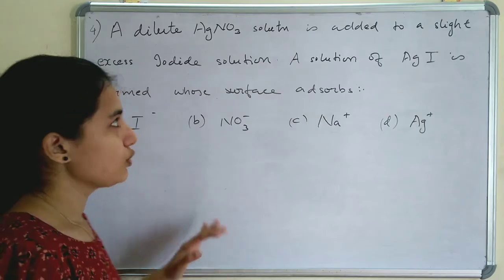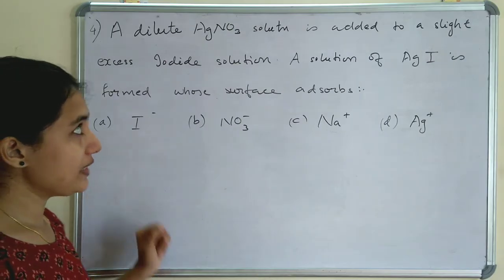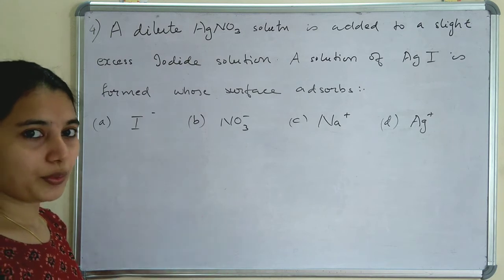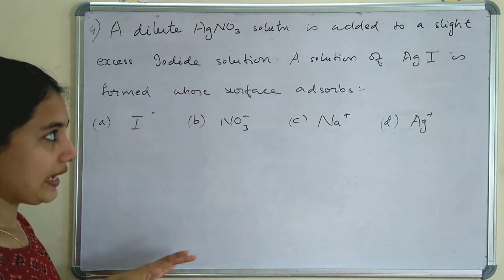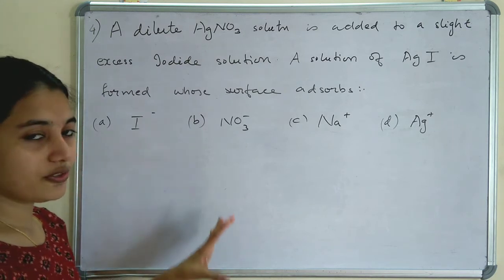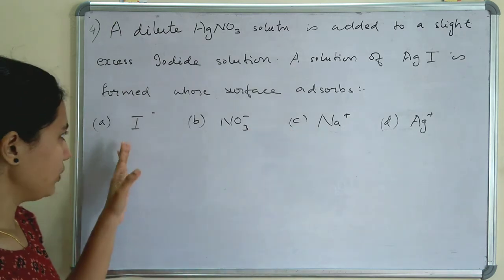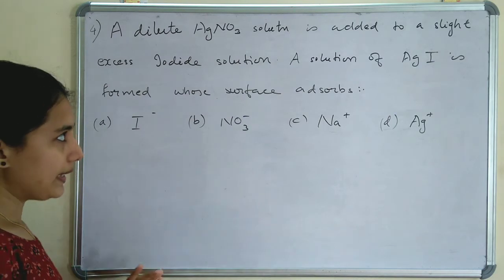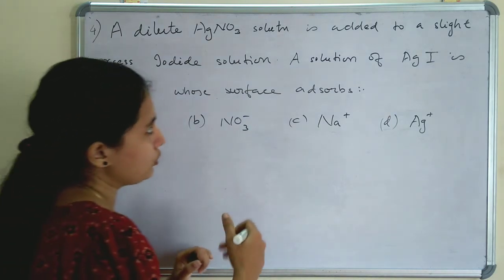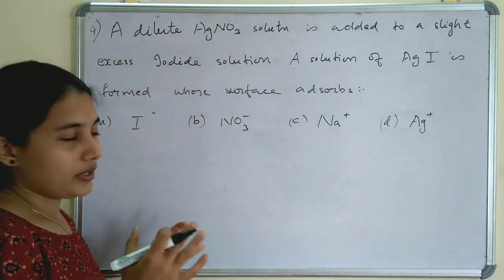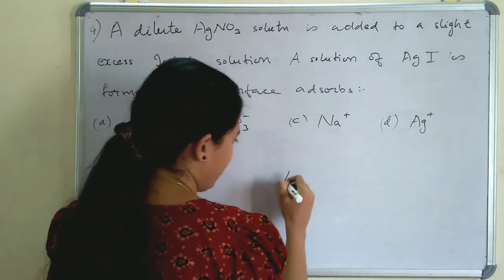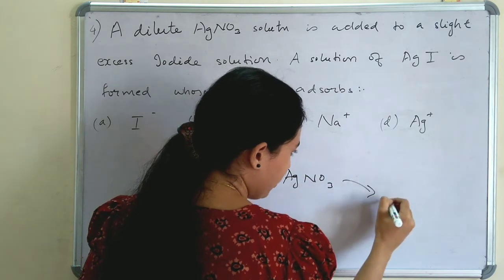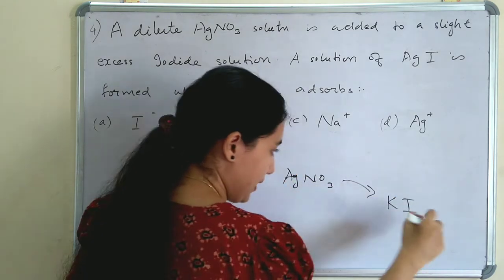So fourth question, a dilute AgNO3 solution is added to a slight excess iodide solution. A solution of AgI is formed whose surface adsorbs which of the ions? I minus, NO3 minus, Na plus, Ag plus. So let's say AgNO3 is added to an iodide solution which is KI. AgNO3 is added to KI, which is in excess.